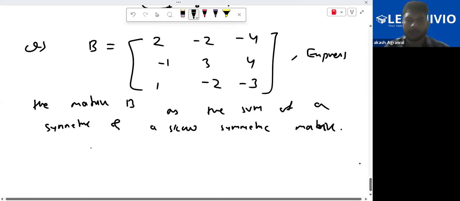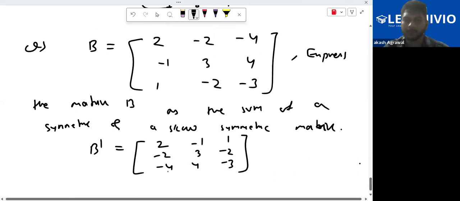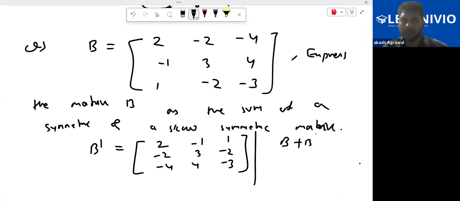Okay, let's see. B transpose is 2, minus 2, minus 4, minus 1, 3, and 4, 1, minus 1, minus 3. So let's add them. I'm writing here. You don't do this, you take space and write clearly. I need the matrices, so I'm writing like this.